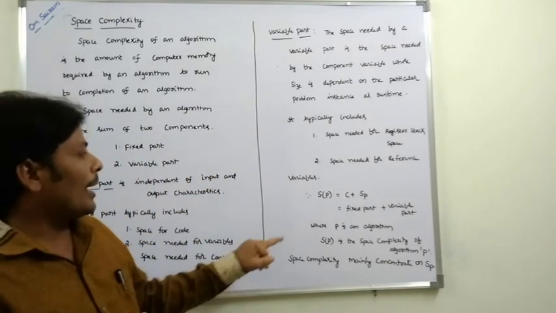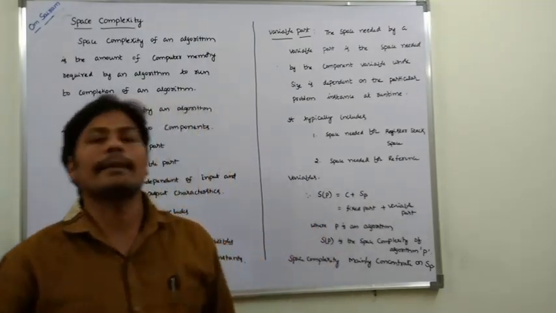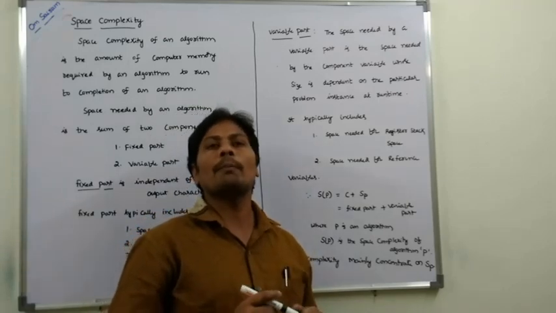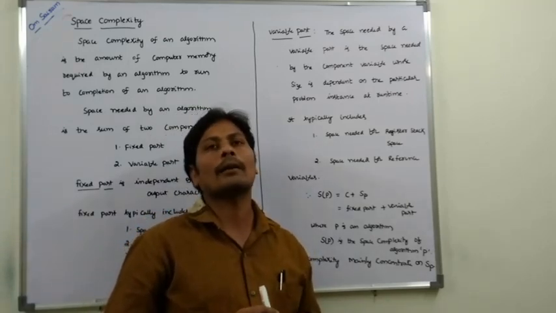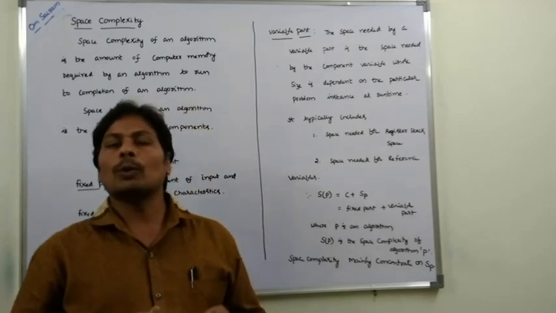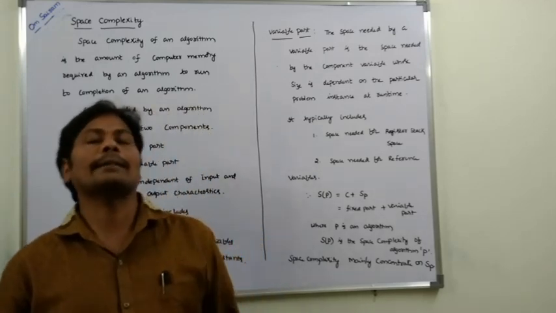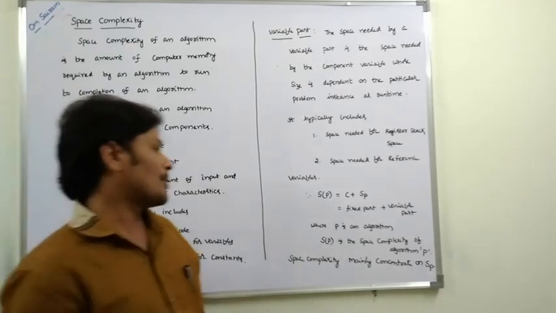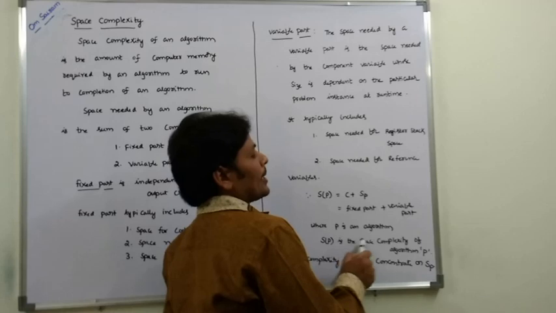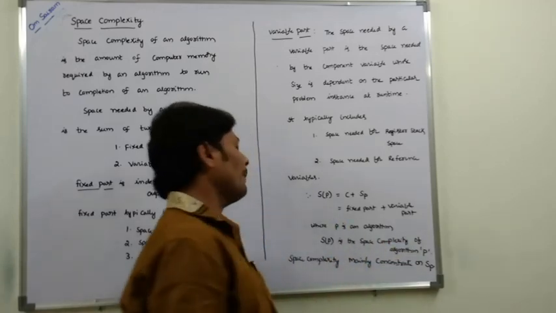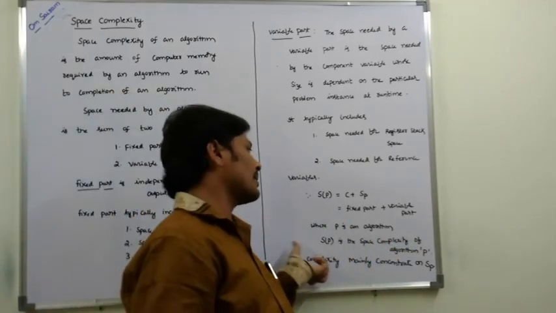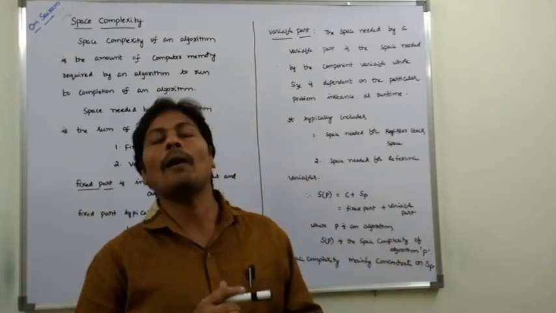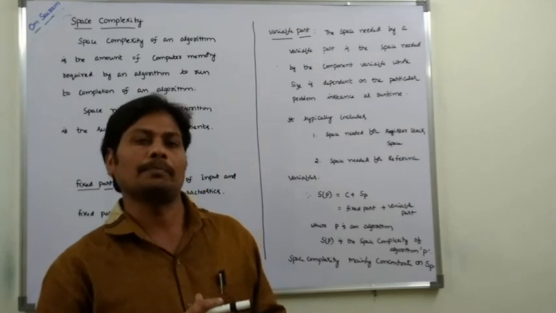So S suffix P is the variable part, dependent on the component variables, so its size is dependent on the variables at runtime. S of P is the space complexity of an algorithm P. So space complexity mainly concentrates on S suffix P, that is called as variable part.